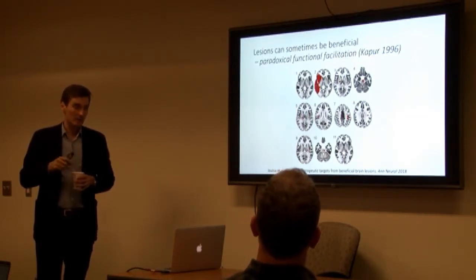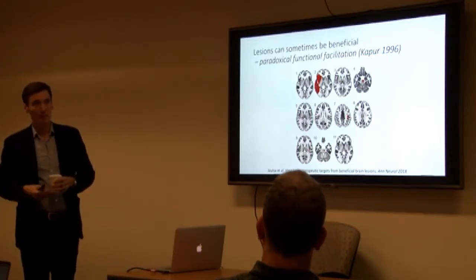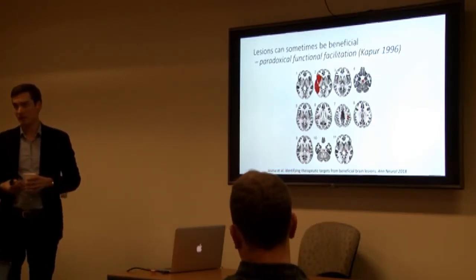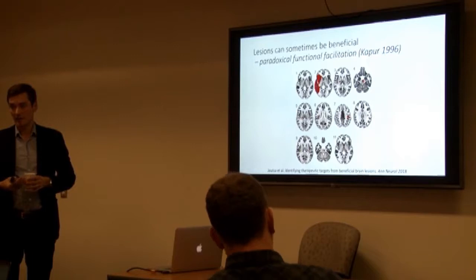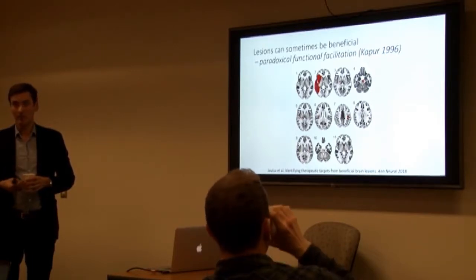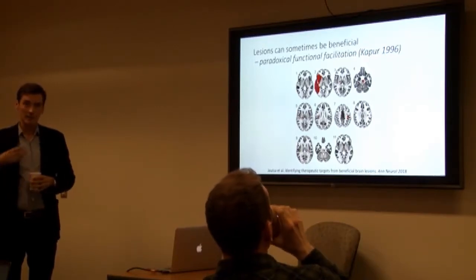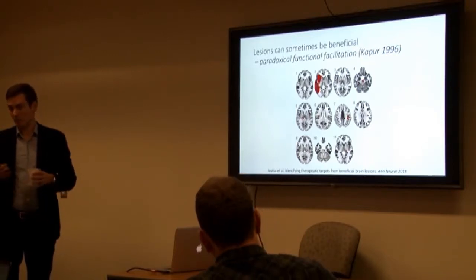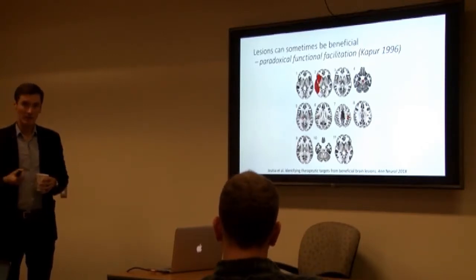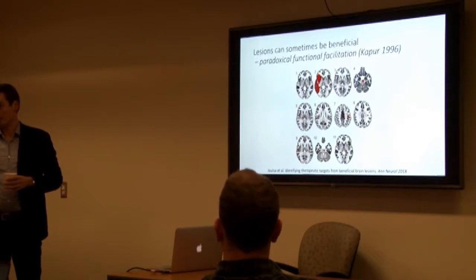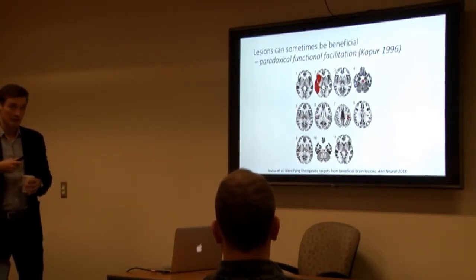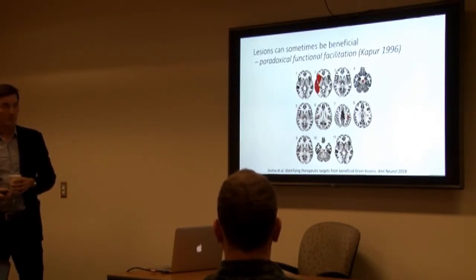So there are also some rare cases where brain lesions can be beneficial for the patients. So in these rare cases, the patient had some type of movement disorder and then got a brain lesion which cures the movement disorder. In this case, essential tremor.